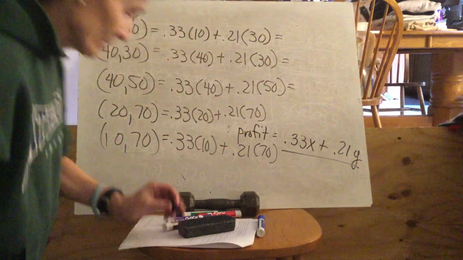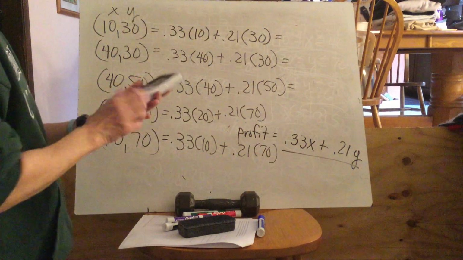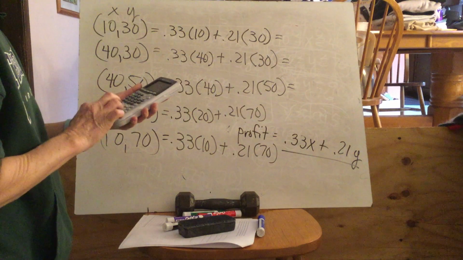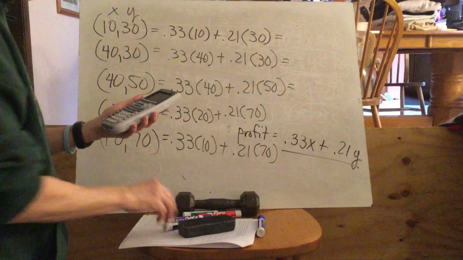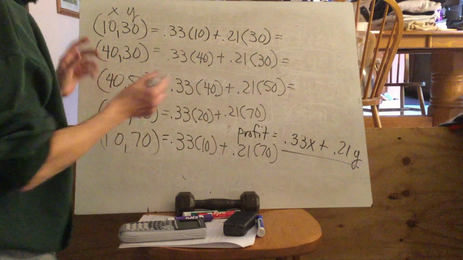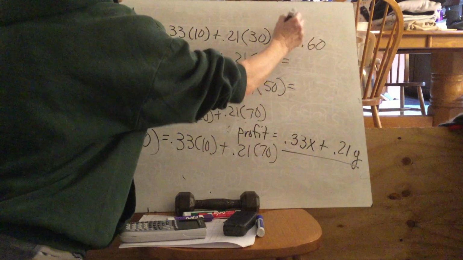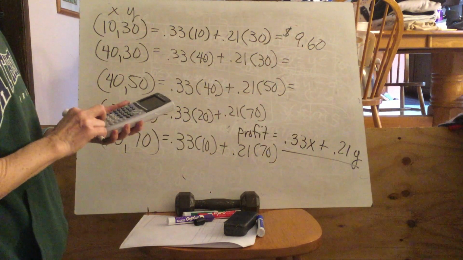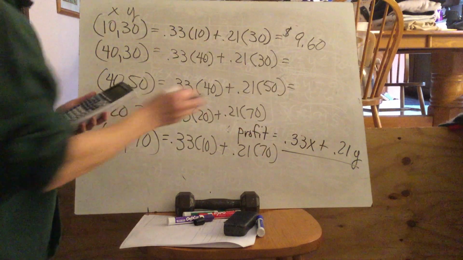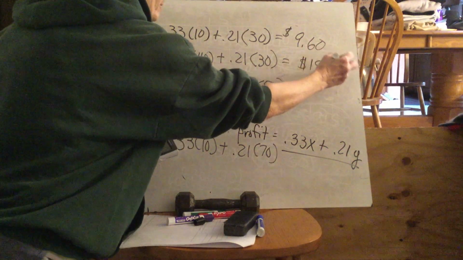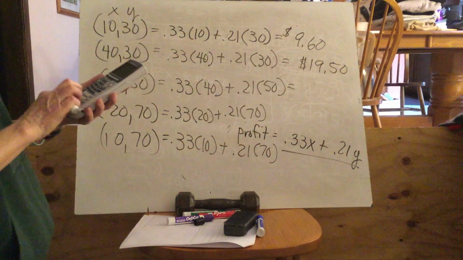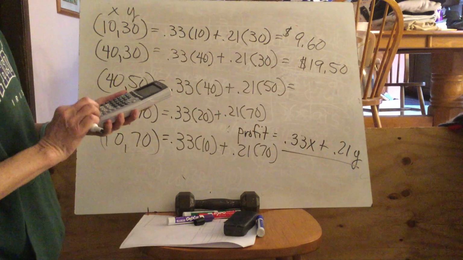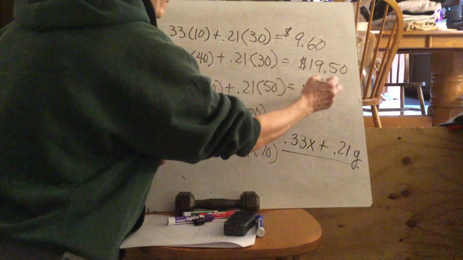All right, so using my calculator, I'm going to come up with some numbers here. Ooh, this guy's not going to get rich, that's for sure. This one's $9.60. $19.50, that one's a little better. $23.70.